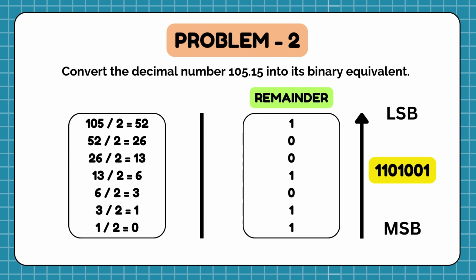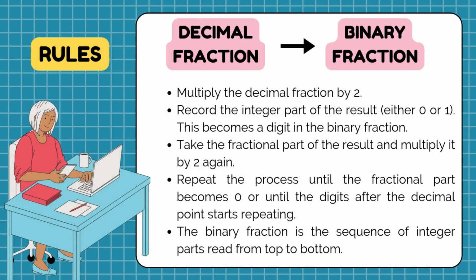Finally, 1 divided by 2 gives 0 with a remainder of 1. Now, if we read the remainders from bottom to top, we get 1101001. So, the integer part 105 in decimal is 1101001 in binary. But for the fractional part, 0.15, we do something different.